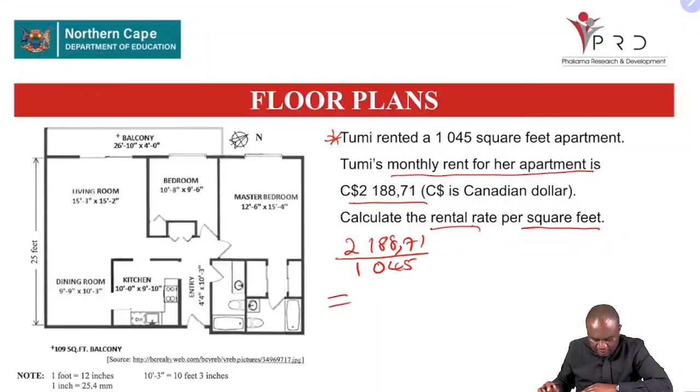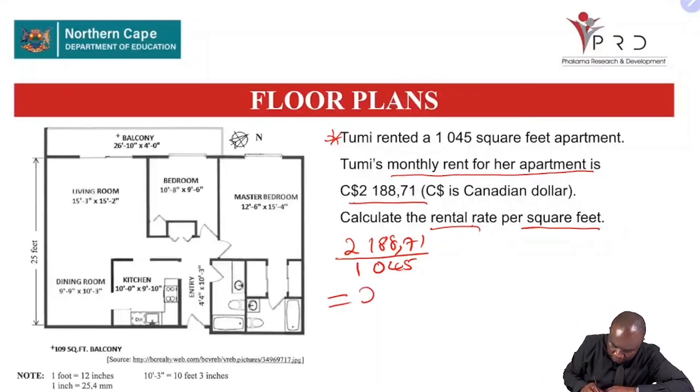All right, and then what do we get? 2,188.71 divided by 1,045. We get 2 Canadian dollars and 0.94.